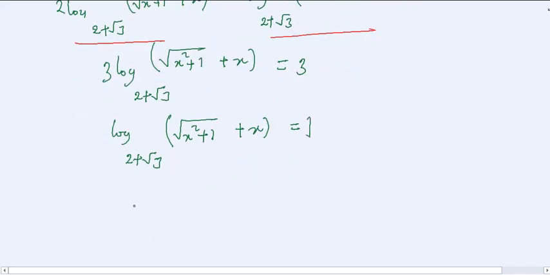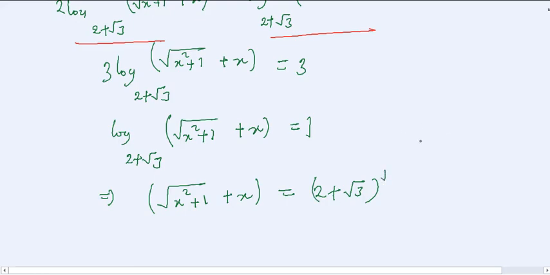So the next thing to do now is you will write this in indices form. You have now square root of x squared plus 1 plus x is equal to 2 plus root 3 raised to the power of 1.